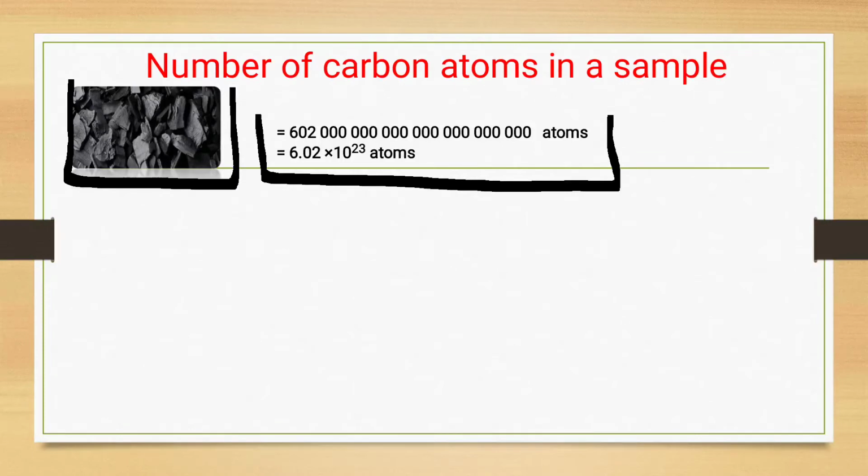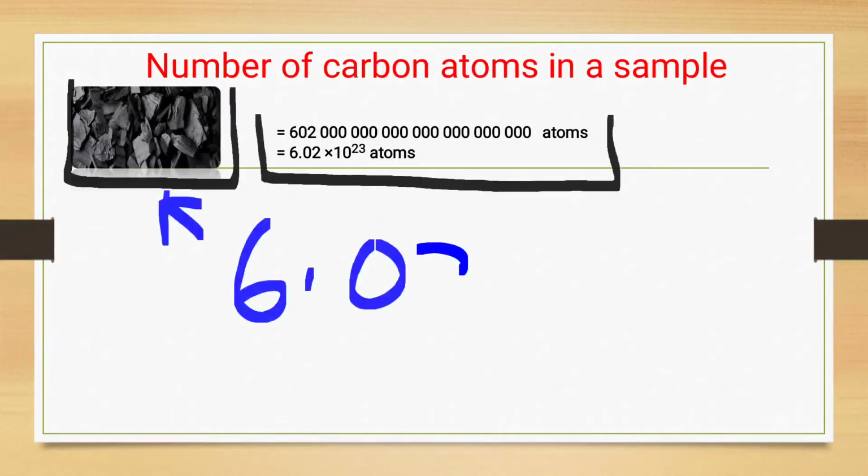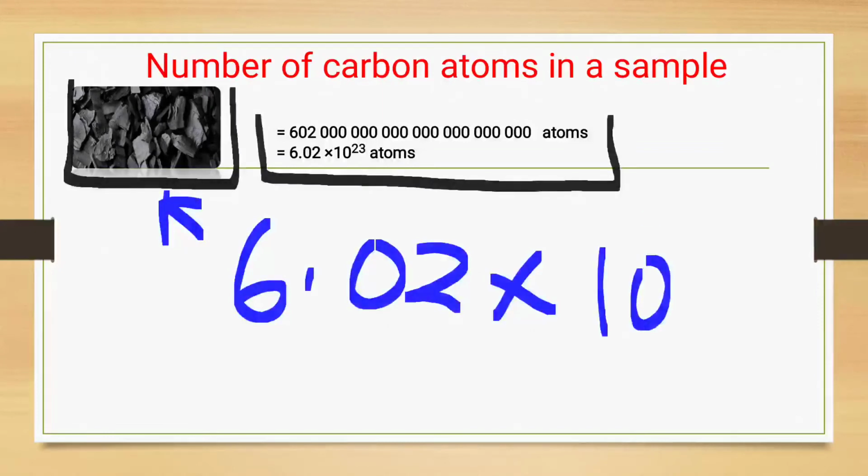How am I able to get that the number of atoms in this particular sample is 6.02 times 10 to power 23? This knowledge is got from the mass number.